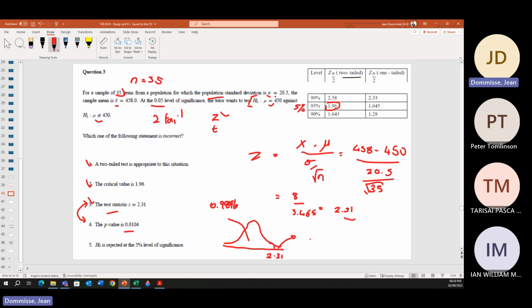If I need to work out the small part, remember we say 1 minus, so 1 minus 0.9896, and that gives us 0.0104. Okay, which is that number. But tell me, is that the p-value or not?